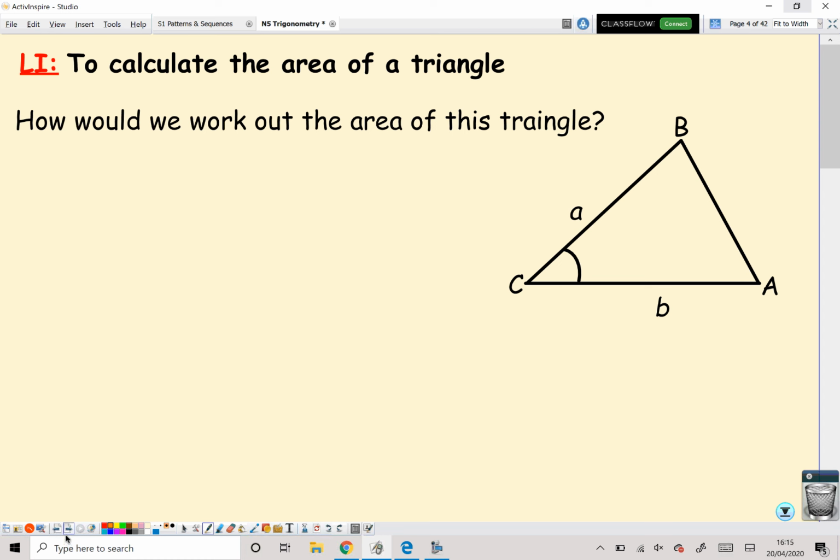So what this is aiming at is a proof for how we can use trigonometry to calculate the area of a triangle. I'll go through the proof. It's not something you will have to do again, but it's useful to see where this formula is coming from. So if you want, pause the video, give it a bit of thought. If not, just keep watching. I'm going to go through the proof just now.